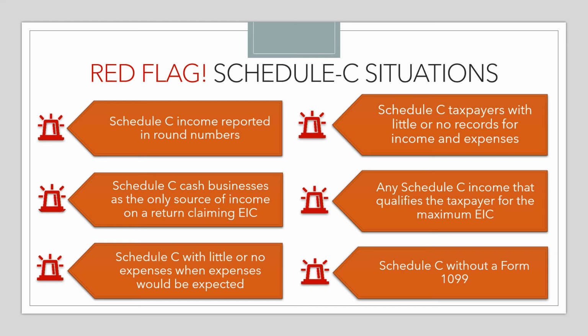And as a reminder, if at any point you feel uncomfortable with the information that is provided to you, that something doesn't seem right, it does not seem like this is going to be an accurate reflection of this person's income, you do not need to complete their return.